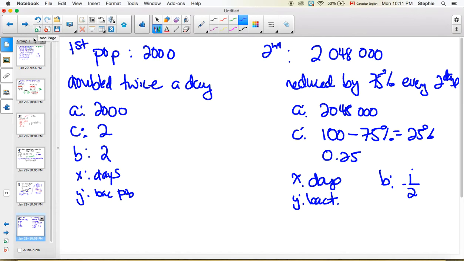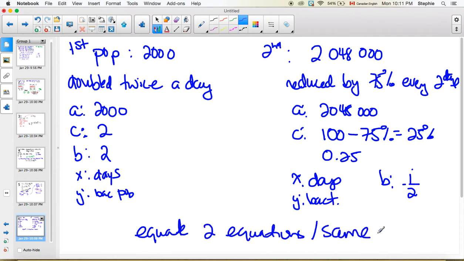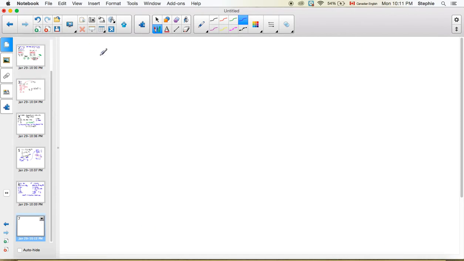And you want to know after how many days will the population of bacteria be equal in number. So you want to equate your 2 equations because you want to know when will they have the same population. So every time we're talking about same population, you're going to equate them. So you're going to write first equation.